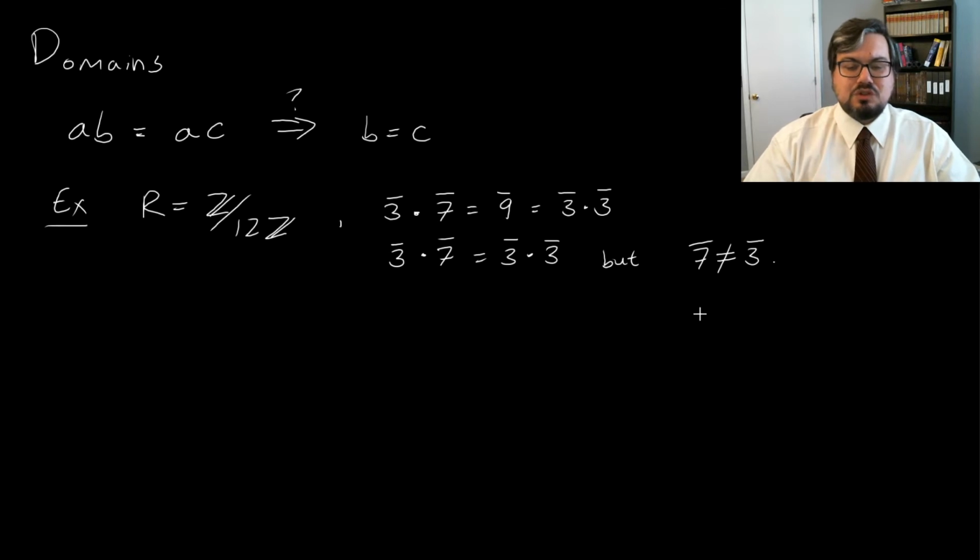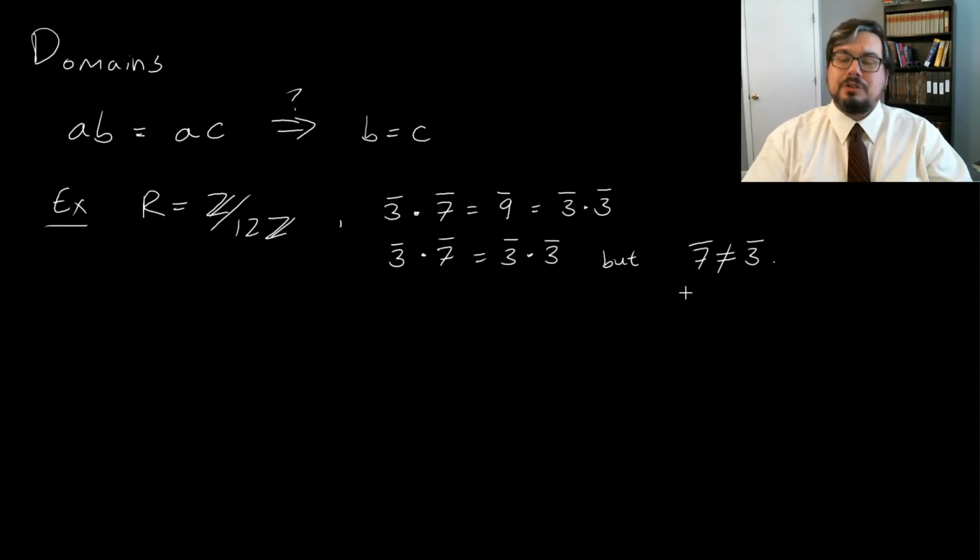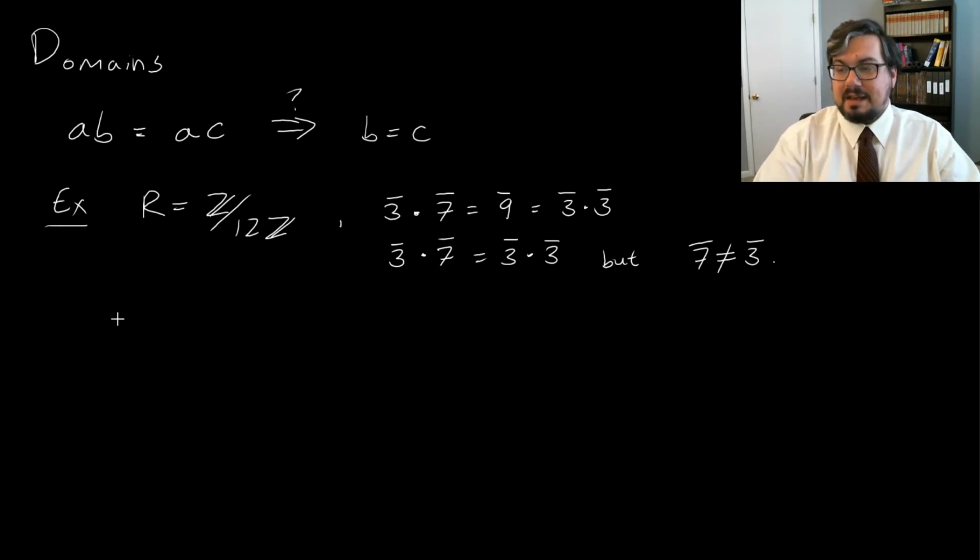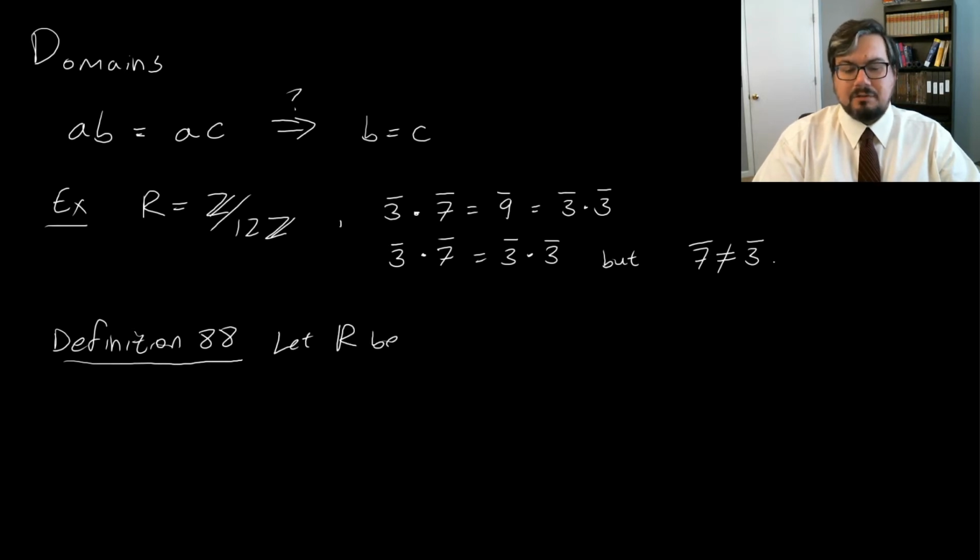And this sort of failure of a ring to behave in the nice ways that we want motivates a couple of definitions. So first we have Definition 88. Let R be a ring.